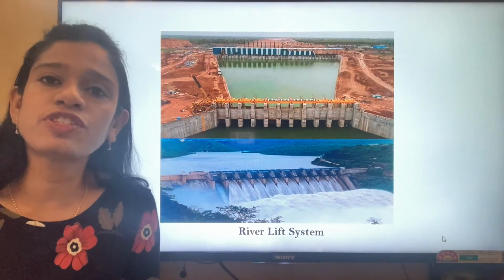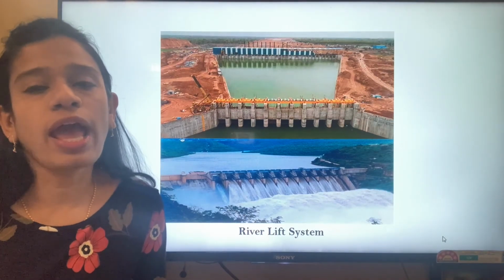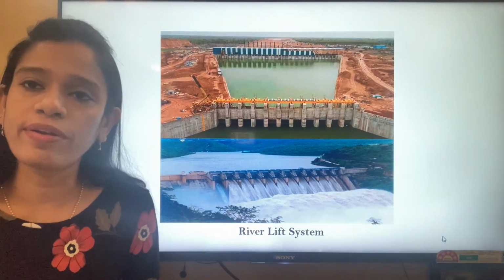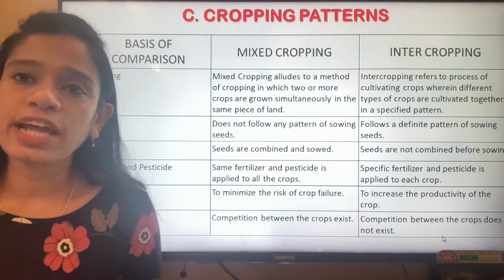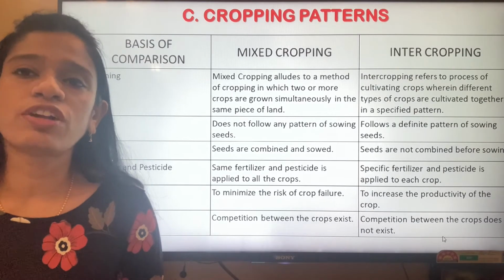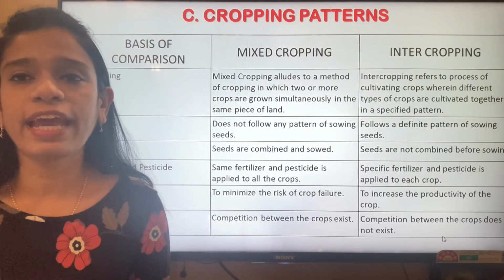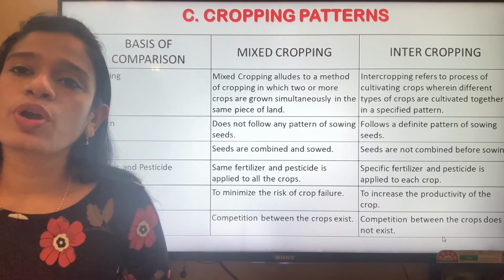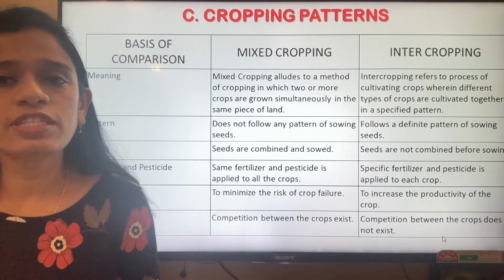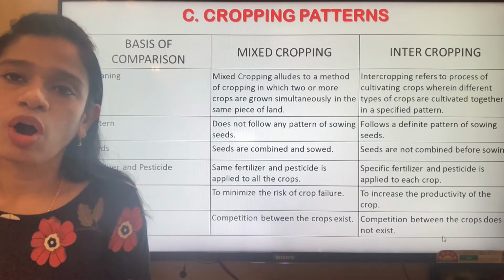That is, it lifts the river water and sends it to the field where it is required. So these are the different types of irrigation methods which are followed in India in order to procure water for the fields for the proper growth of the crops and the plants.